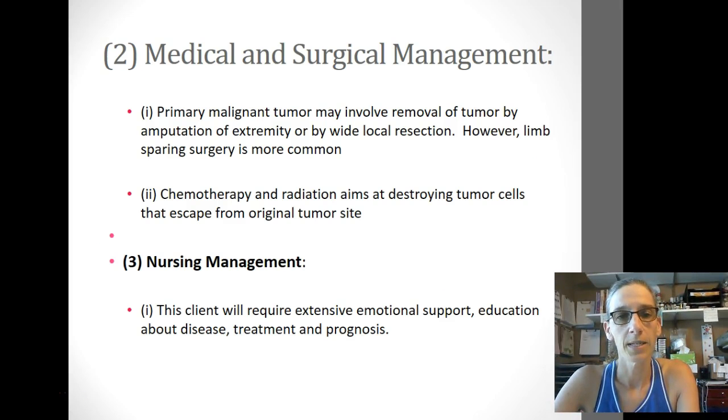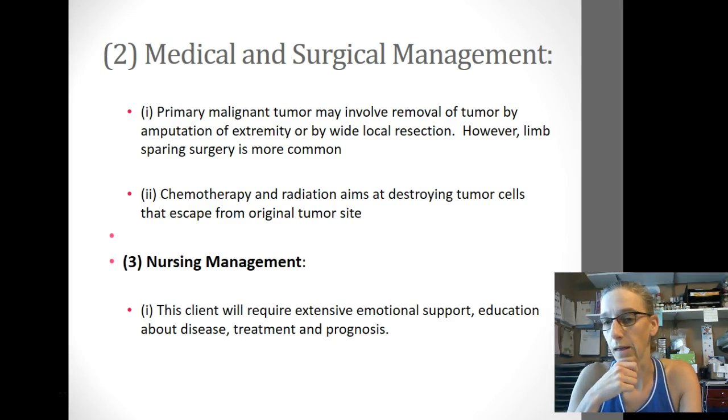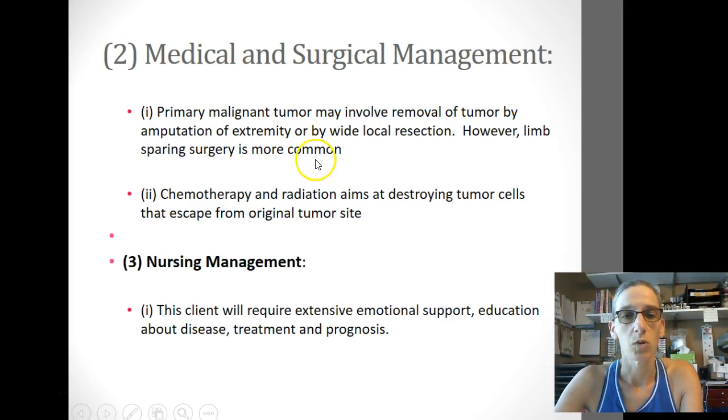Medical surgical management for a primary malignant tumor may involve removal of the tumor by amputation of the extremity or by a wide local resection, where they'll take out a large section of the bone and replace it with metal instruments, or they may just make that extremity shorter. Limb sparing surgery is more common. They do try to spare the limb as much as possible.